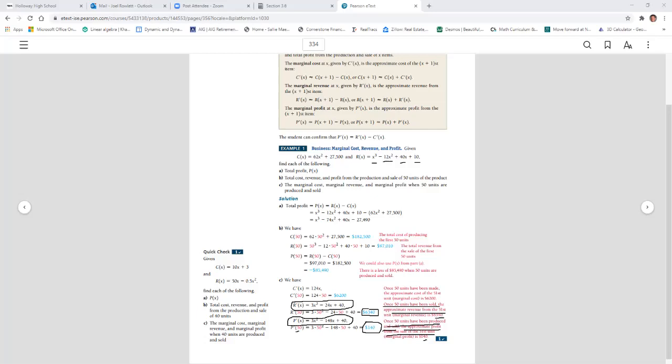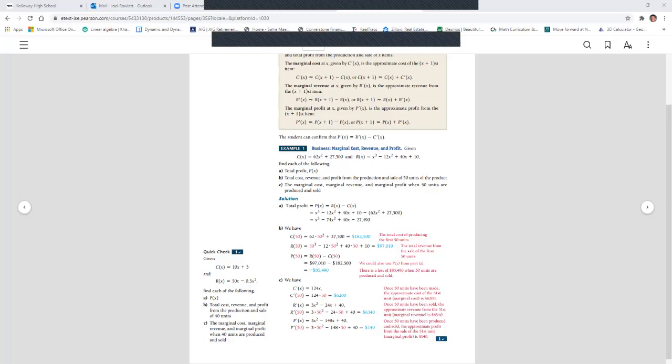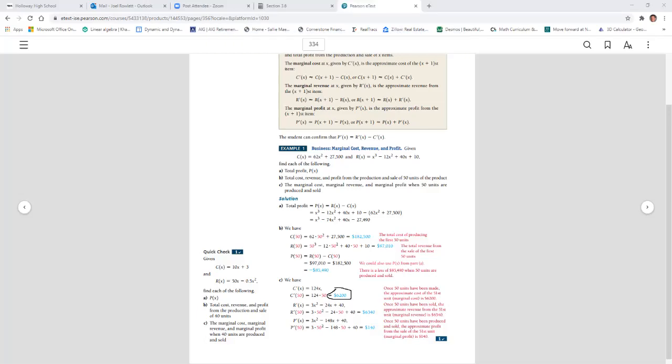So let's review that. Once we have produced or sold the 50th item, we can actually tell the cost of making that next item. We can tell the revenue that we will make off of that 51st item, and then we can figure out the profit that we will actually make on the next item.